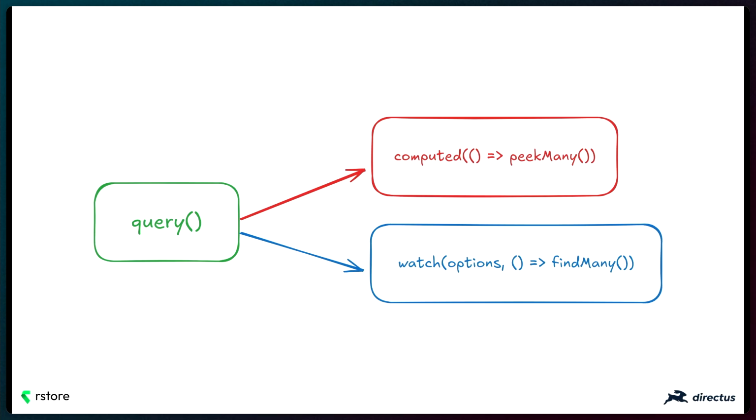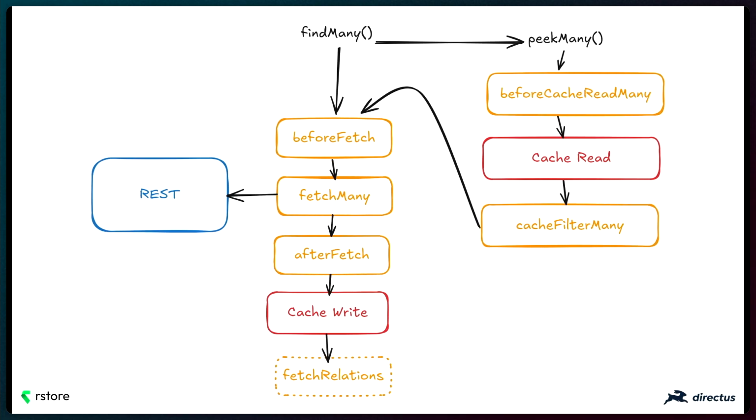That's the part where you can do fetching to actual servers. So here's an example with findMany. What could happen as well is that it uses pickMany to see what's in the cache and whether it needs to fetch again or not, right?